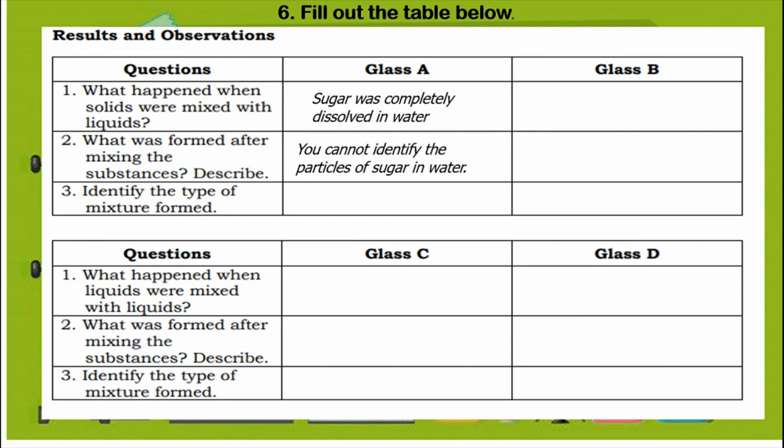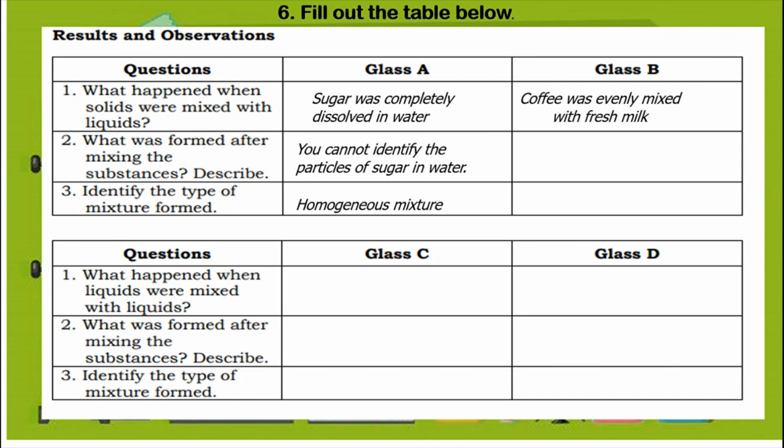Number 3, identify the type of mixture formed. Okay, kay dili naman nato makita, water lang, tubig lang makita nato. So naa siya sa homogeneous mixture. Okay, so ato na punta sa glass B. Coffee was evenly mixed with fresh water.